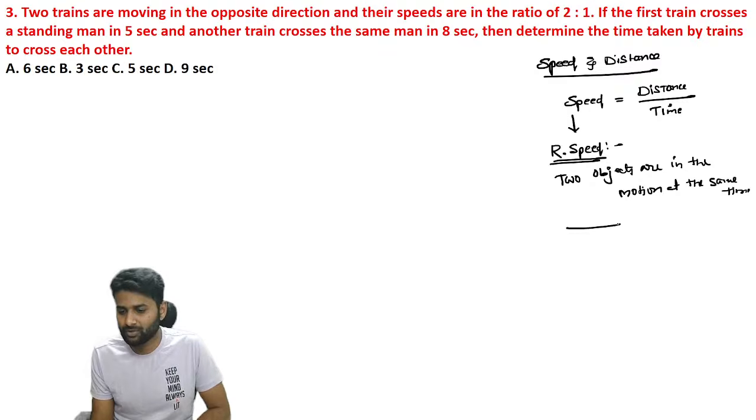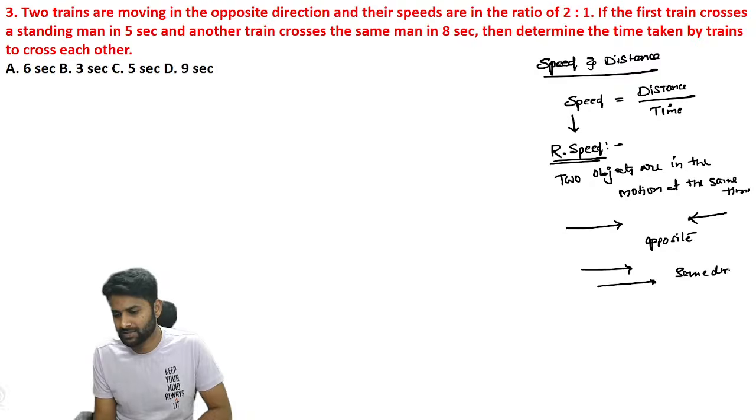There are two possibilities: either two objects are traveling in the opposite direction, or two objects are traveling in the same direction.